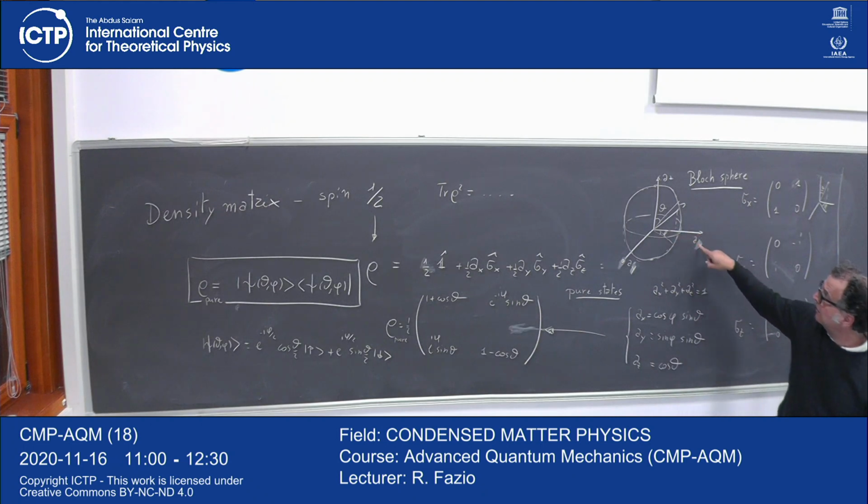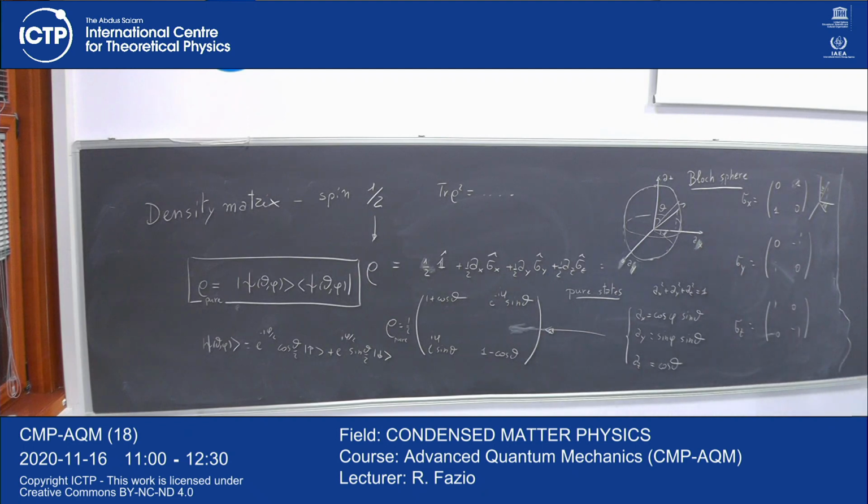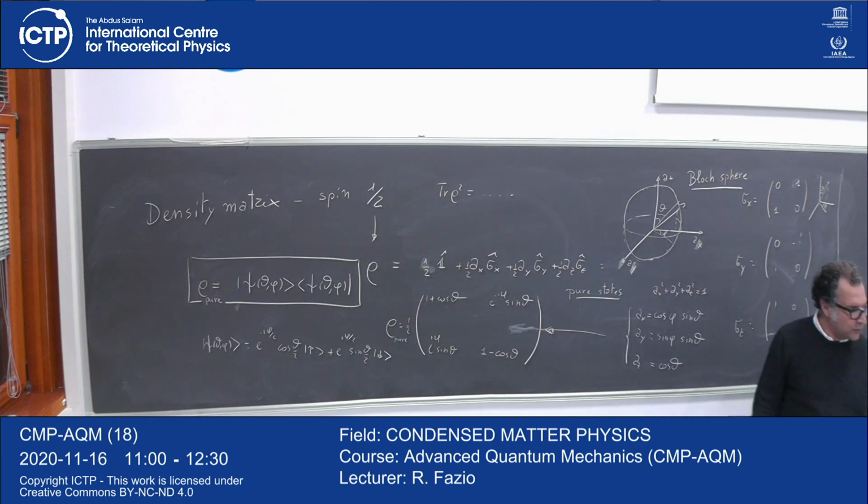So this should be AX. But you can actually change it if you want. It's not an issue. You can do whatever you want. The important thing is to parameterize this on the sphere.